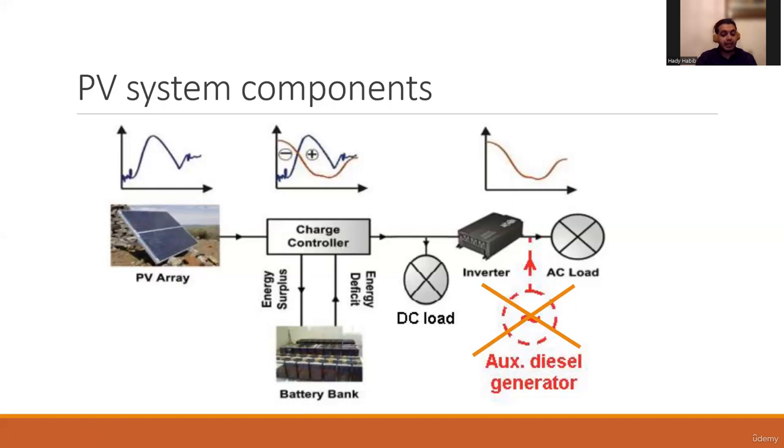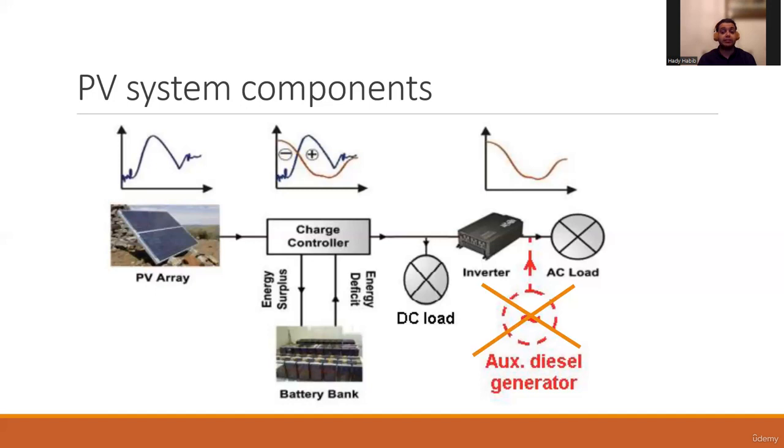And sometimes we use energy that's stored in the battery system to feed the loads that we need. And of course, we have DC loads and we have AC loads. In order to convert the DC power produced from the PV system to AC power to be used in our homes, we need an inverter which converts the DC power to AC power in order to cope with our system and our consumption in our home.